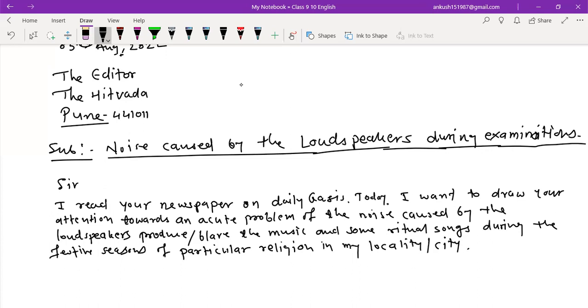Suppose you are supporting your locality, so you will write locality, and after that, suppose you are there in city, so you may write that city as well. Understood?